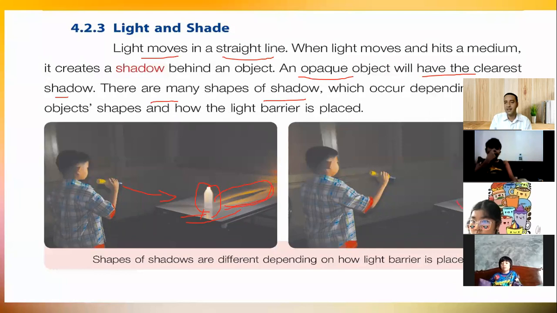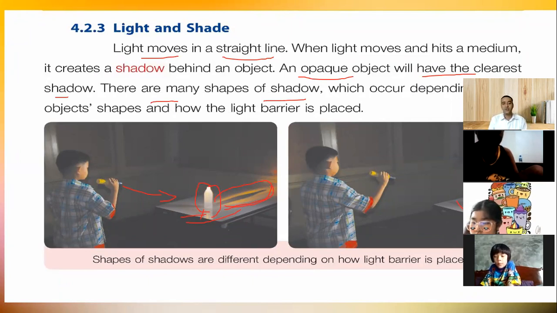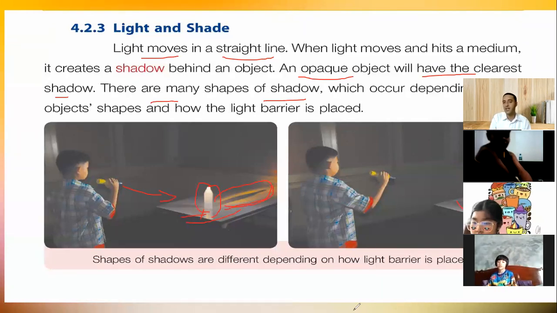So you can see here, you will find a different shade. Okay, so it all depends on the object, shapes, and how the light barrier is placed. So shapes of shadows depend on how the light barrier is placed.